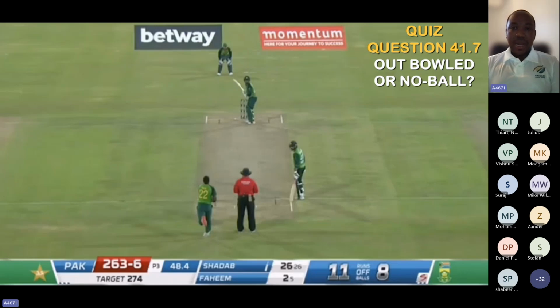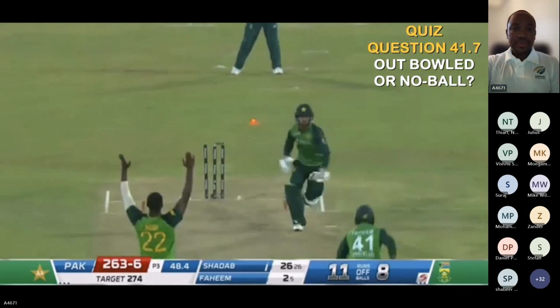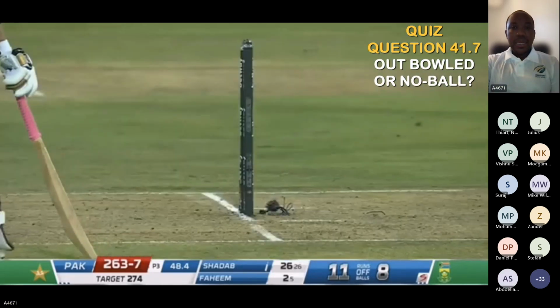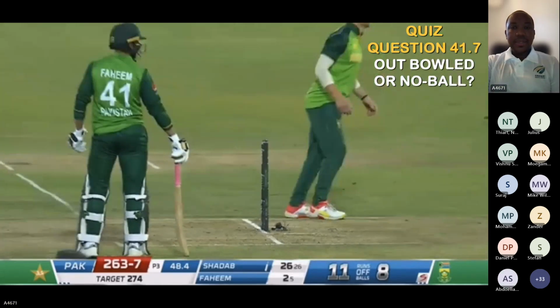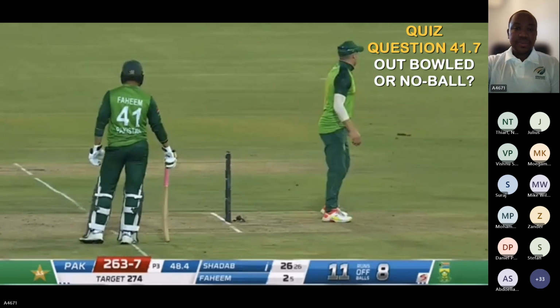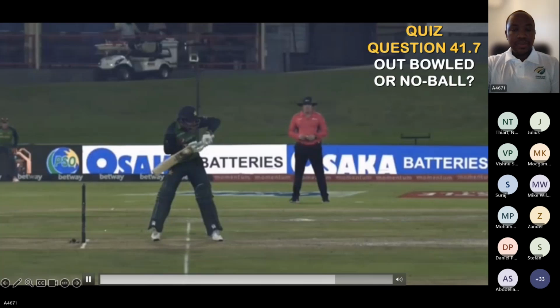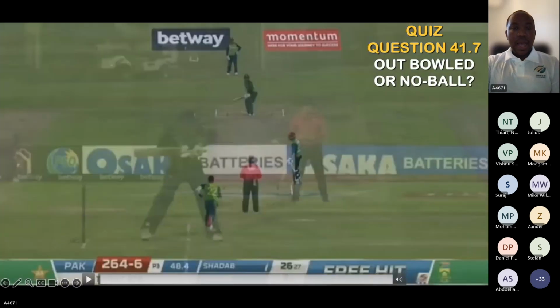Is Shadab Khan out bowled, or is this a no ball by Lungi Ngidi? At full speed, I'll play it again.